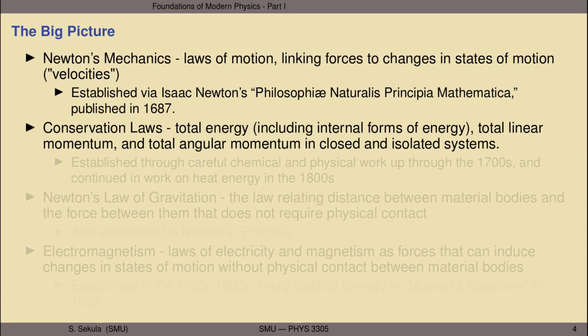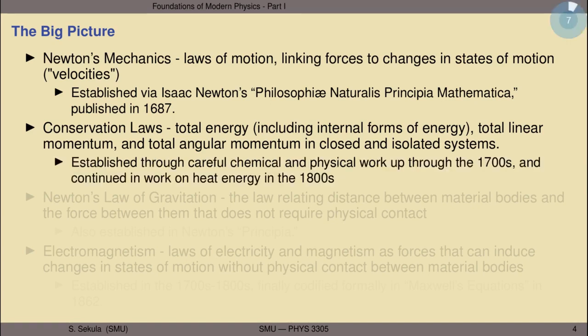These include things like the total energy of a system, including internal forms of energy like chemical energy, the total linear momentum of a system, and the total angular momentum of a system. And for closed and isolated systems, where there are no external forces, especially of the non-conservative variety, those that can't store and release energy in some kind of potential, in those systems, conservation laws will absolutely hold.